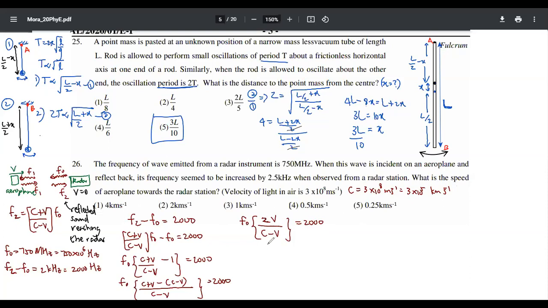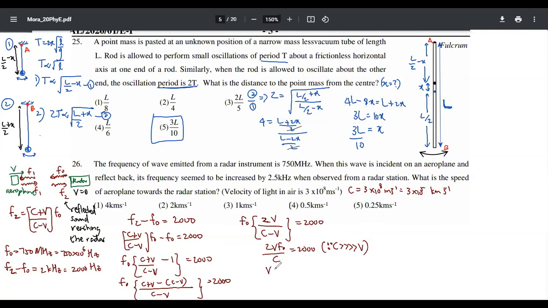Therefore, you can write this as 2V F naught over C equal to 2000. Because C is much larger compared to V. Look at the value of C and look at the answers for V, 10 to the power 5. So subtracting these things is pointless. We don't have to do that. We can take it this way.